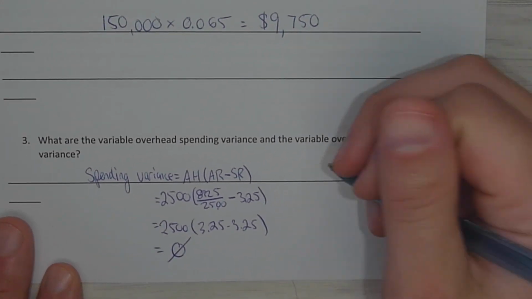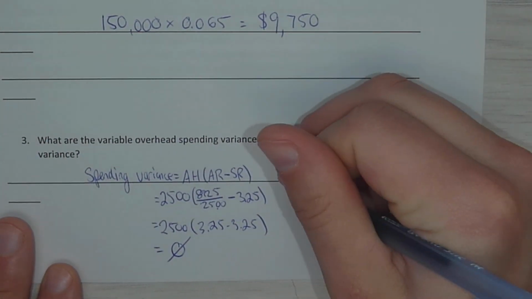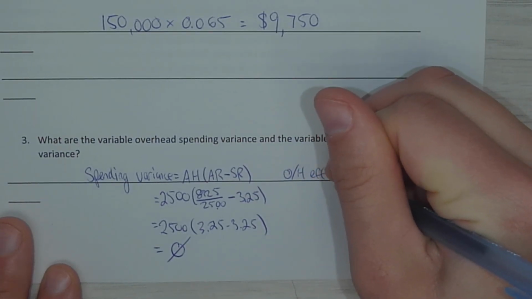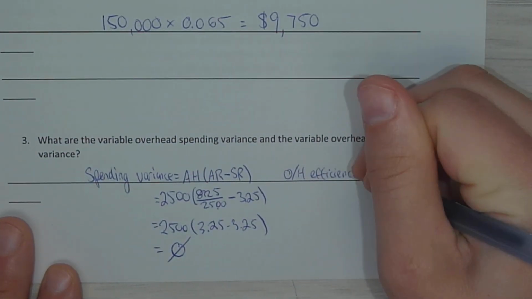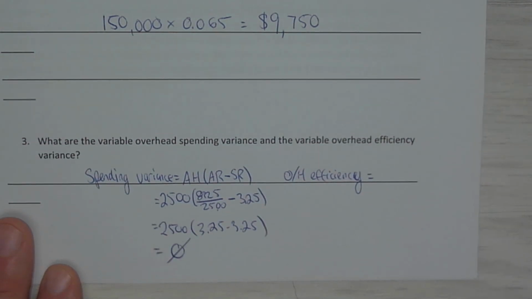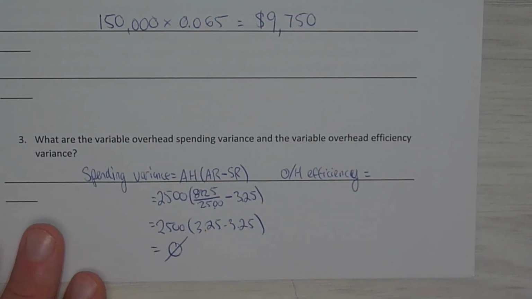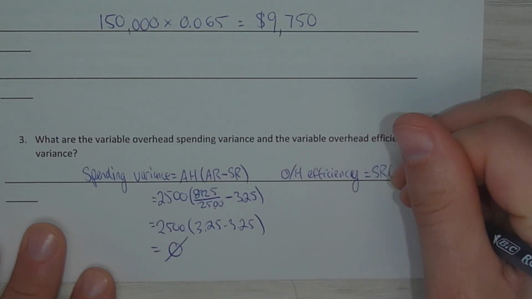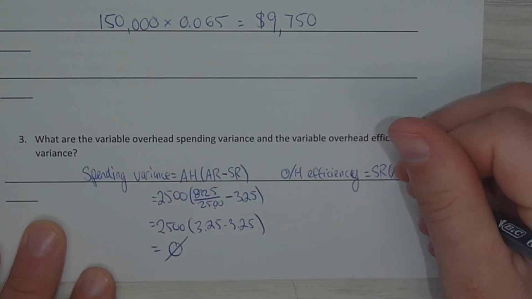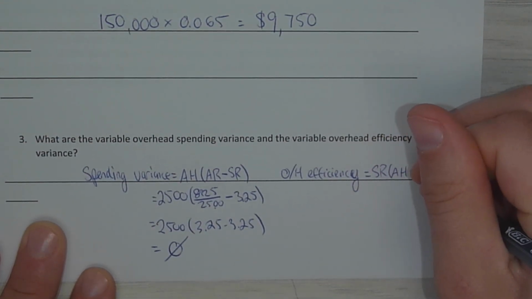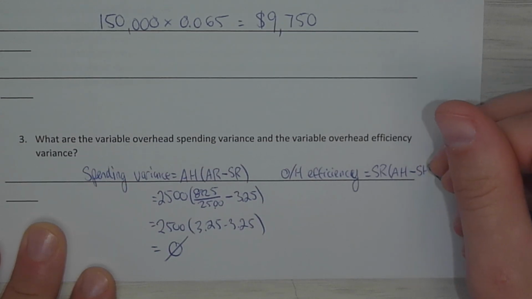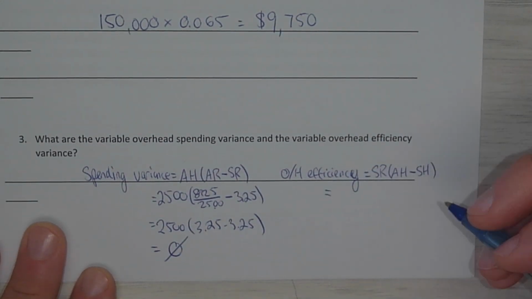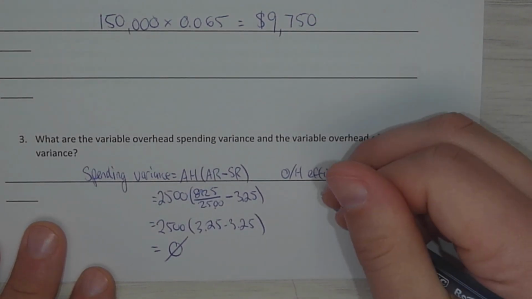So our variable overhead efficiency variance equals our standard rate times our actual hours minus our standard hours. So our standard rate is 3.25.